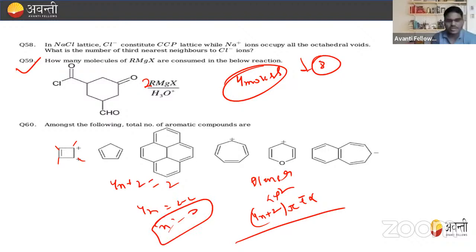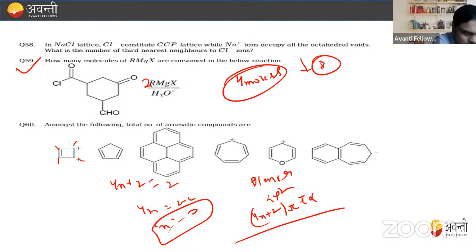And it comes out to be 1, 2, 3. So out of these three, two, you have to identify which one is absolutely correct. What is the correct answer, beta? That is C. Now the total number of aromatic compounds possible for this compound is, beta?